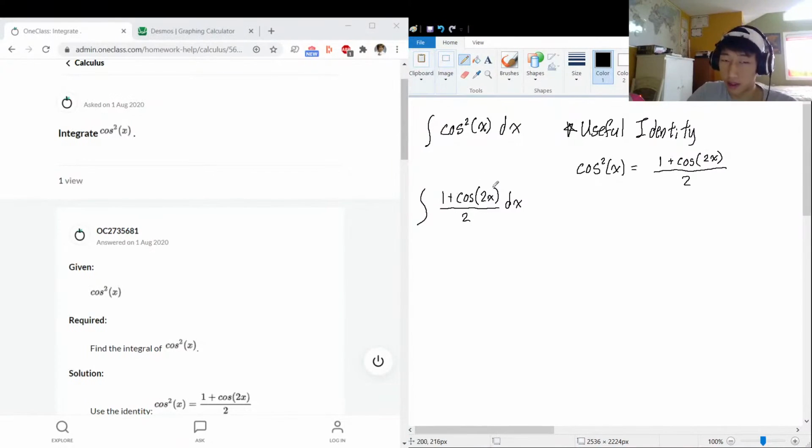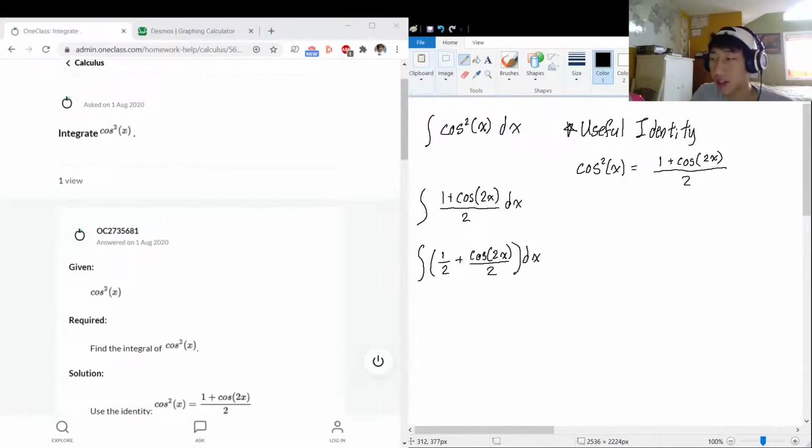Awesome. So given this, we know that we can actually split this into two terms. You see how the top is 1 plus cos 2x? We can rewrite this as the integral of 1 over 2 plus cos 2x over 2 dx.